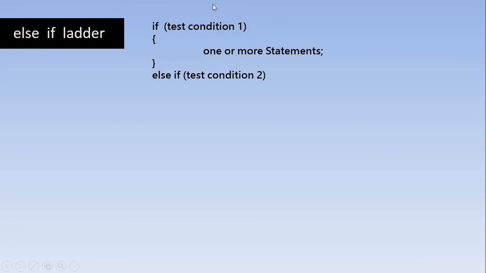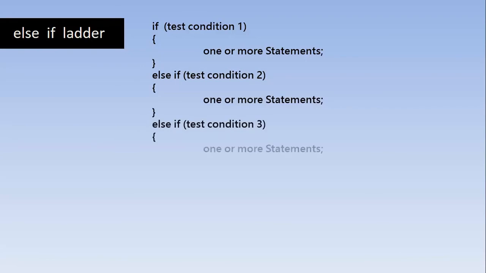So first we'll check this condition. If this condition is false, we'll go for another condition, condition number 2, which is in the else if block. If that also is false, we'll go for condition number 3, which is also put in an else if block. So like this we can continue any number of else ifs having multiple conditions, only executed when the previous condition is false.